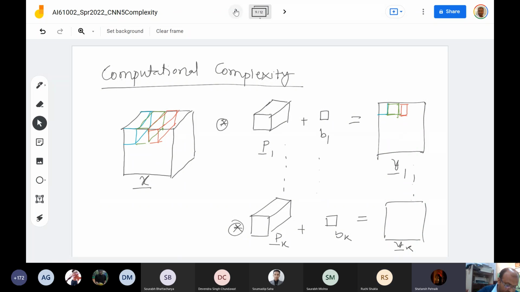Okay, so in order to calculate the value of this point, how many additions, how many multiplications did you do? CWH. Okay, how many additions did you do? Same CWH.